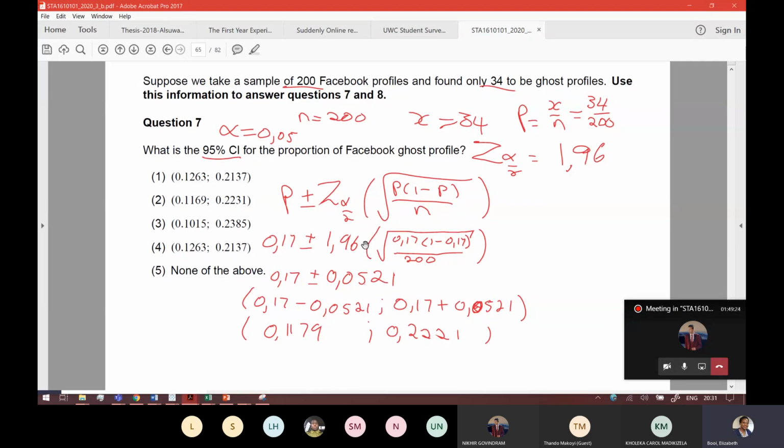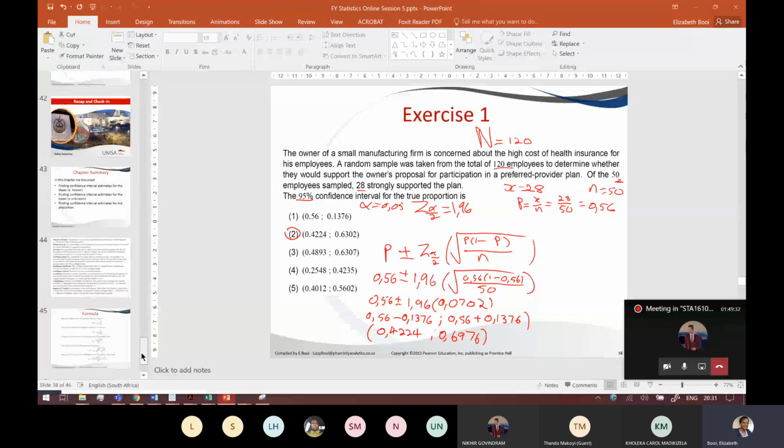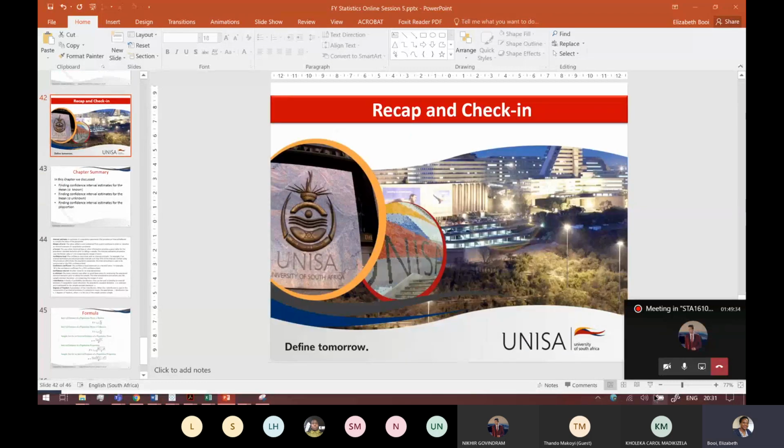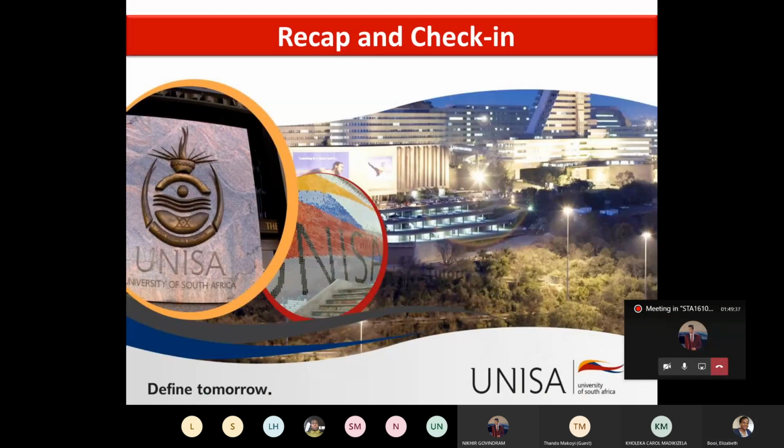Okay, and that concludes today's session, actually. We're right on time. So let's just recap and close off the session. So far what we've learned under the confidence interval is that there are 3 ways to calculate it. For the mean when the population standard deviation is known, we use the Z table. When the population standard deviation is unknown, we use the T table.